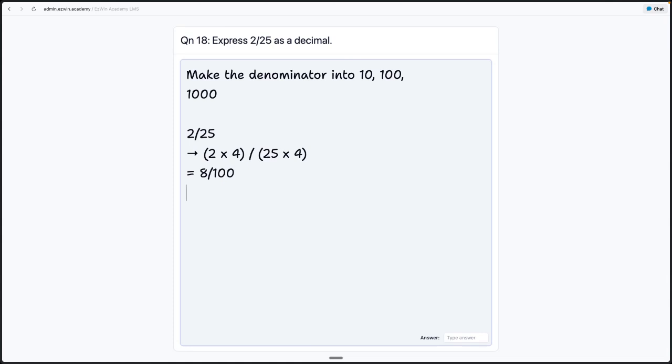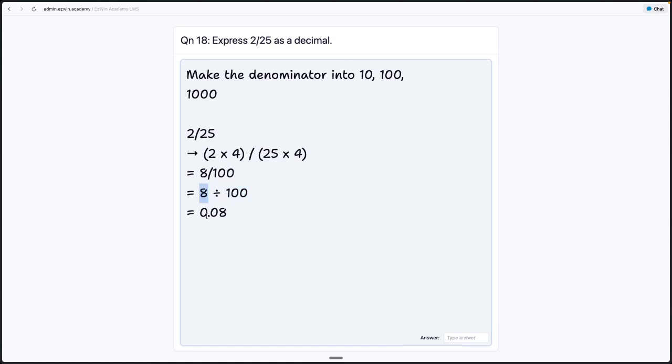And 8 out of 100 in decimal form is just 8 divided by 100, and that is equal to 0.08.